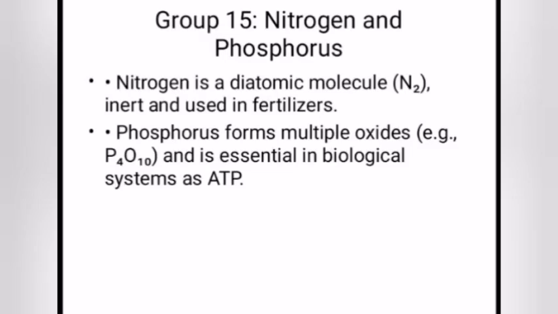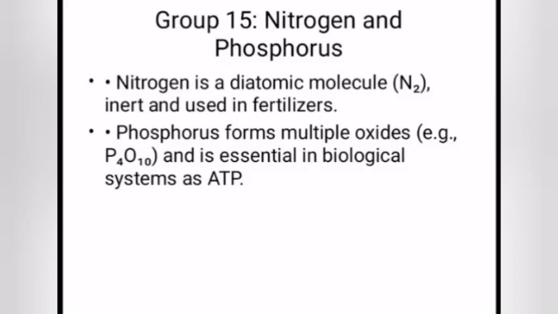So in this diatomic form, nitrogen is inert, unreactive, and it is typically used in fertilizer. The major use of nitrogen is in the production of fertilizers, NPK fertilizers, N representing nitrogen. Even during thunderstorms, when lightning strikes, there are bacteria on the root nodules of plants that they call nitrogen fixing bacteria.